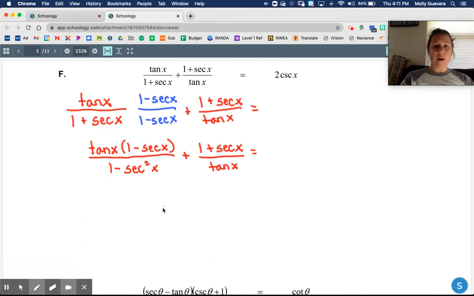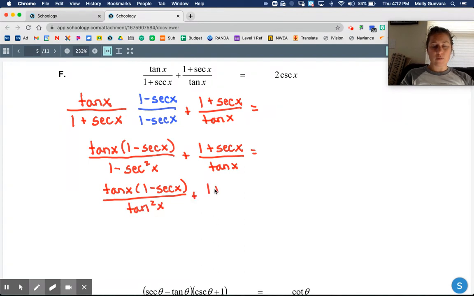But using my Pythagorean identities, 1 minus secant squared of x is negative tangent squared. So I can have tangent of x times 1 minus secant over tangent squared. And then I still have this 1 plus secant x over tangent x.